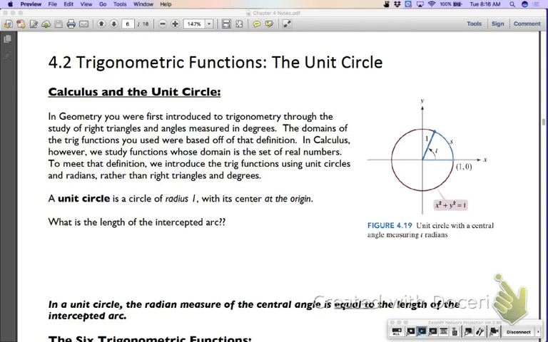So where all this fits in is that we try to find the set, or the domain, which is a set of real numbers.